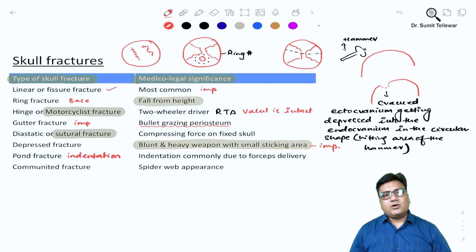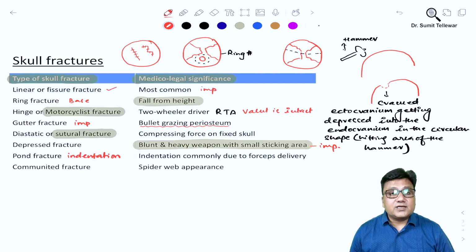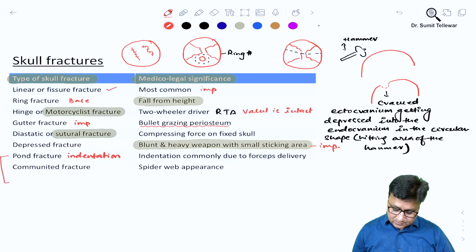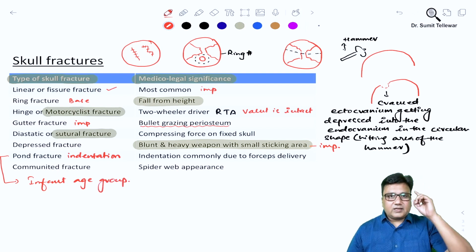And when is the skull bone cartilaginous? The skull bones are cartilaginous in the infant time period. So pond fractures happen in the infant age group, when the skull is still cartilaginous, right?